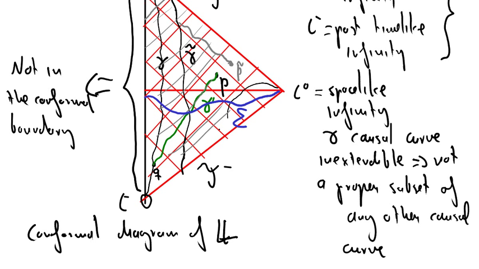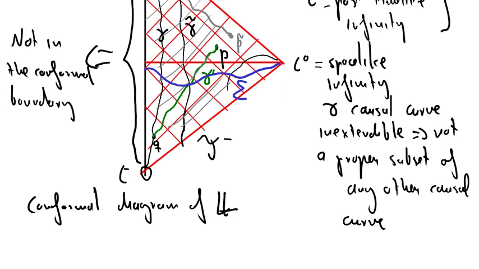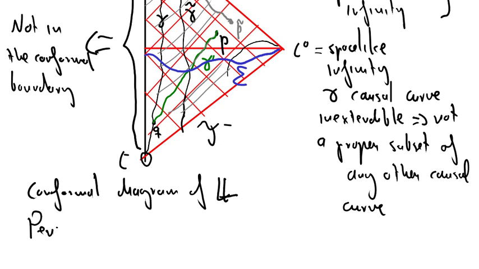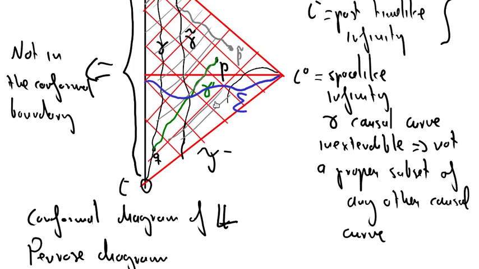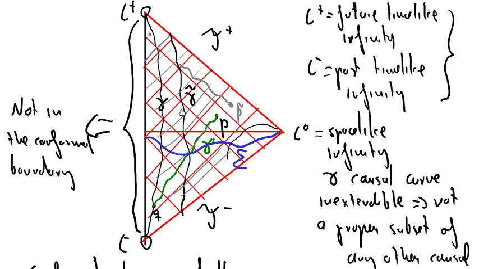And since it's two-dimensional, it's also called its Penrose diagram. I have illustrated in this lecture how conformal diagrams are useful to deduce a bunch of interesting properties. And in further lectures, we will see other examples in which conformal diagrams enable us to gain a lot of understanding about the global properties of a given spacetime.